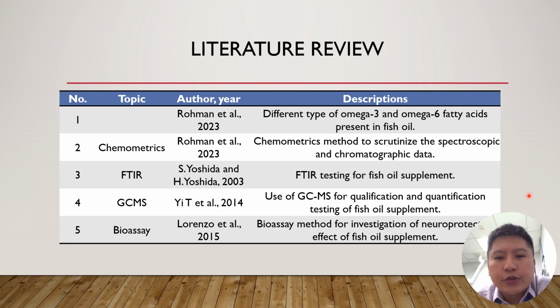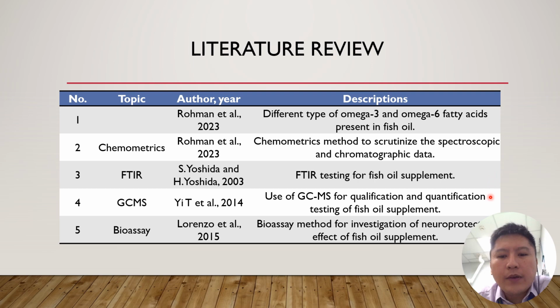For this research project, literature review has been done and some of the literature has been presented in these slides. In the first paper, it discussed different types of omega-3 and omega-6 fatty acids that can be present in the fish oil. It has also discussed chemometric methods that can be used to scrutinize the spectroscopic and chromatographic data. In the third paper, it discussed the FTIR test procedure they can use for the testing of fish oil supplements.